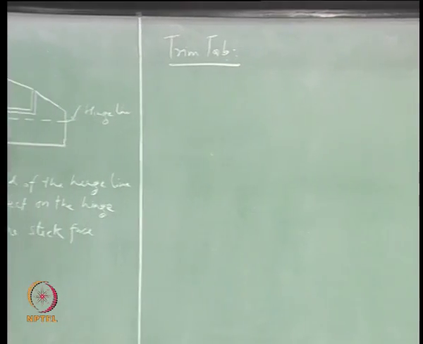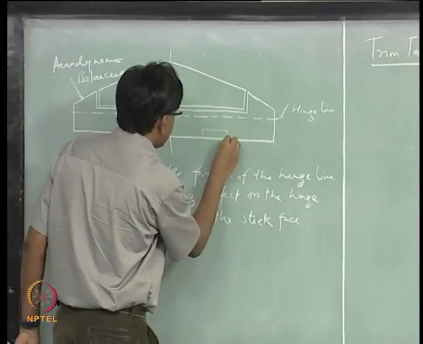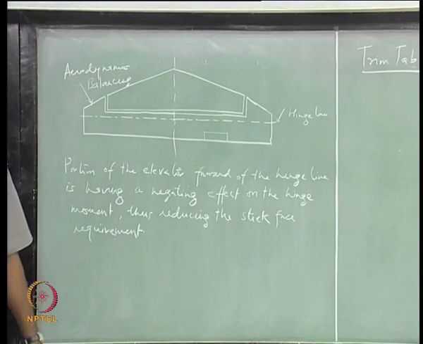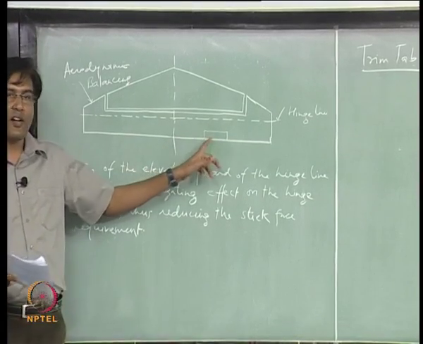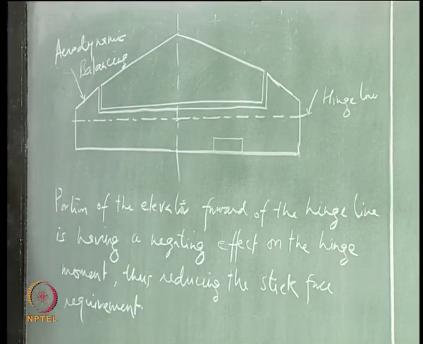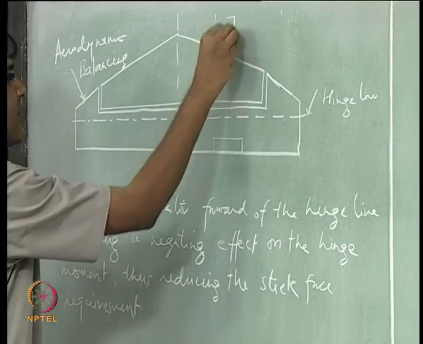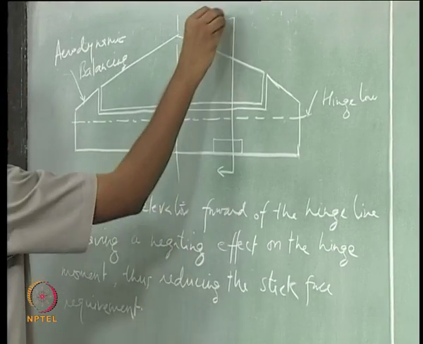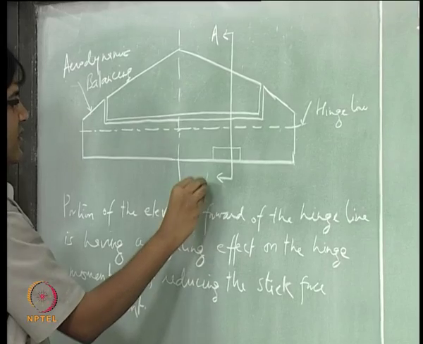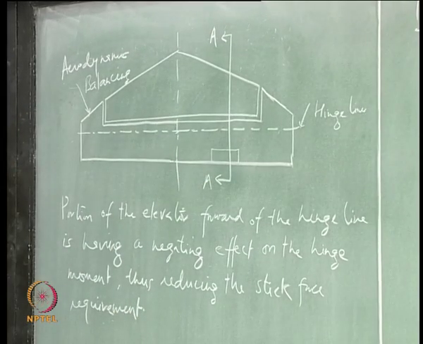So trim tab is a small surface located at the trailing edge of the elevator. So if you want to look at this section, what you see is this.